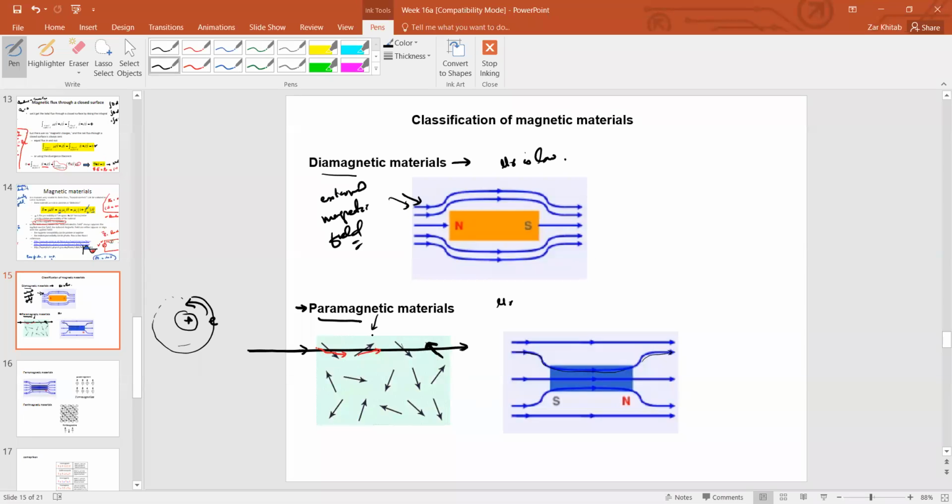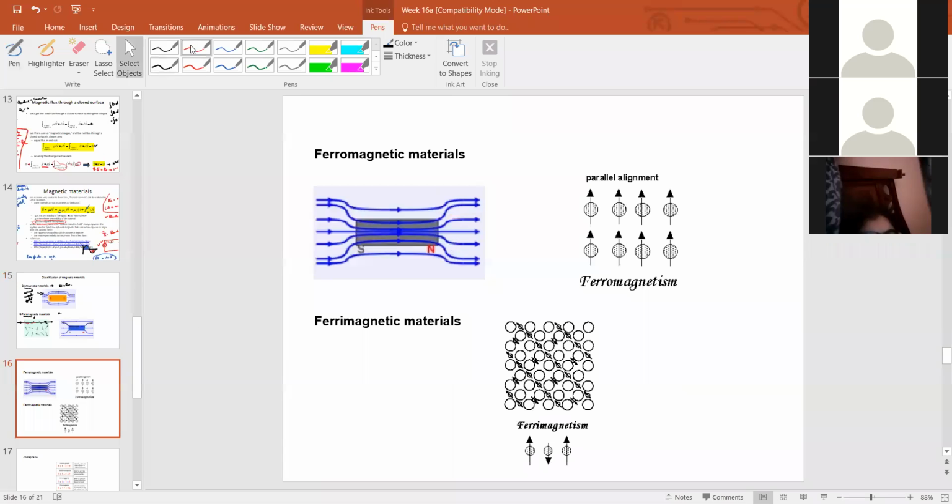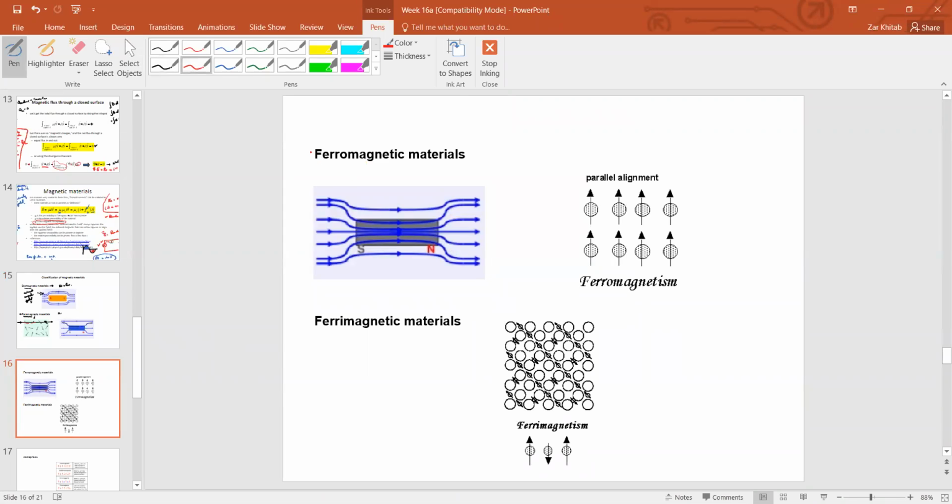That's why we call them paramagnets, because they show very weak magnetism. On the other hand, in ferromagnetic materials, this reorientation is very, very strong. So the susceptibility is very high. So chi m is very high for these materials.